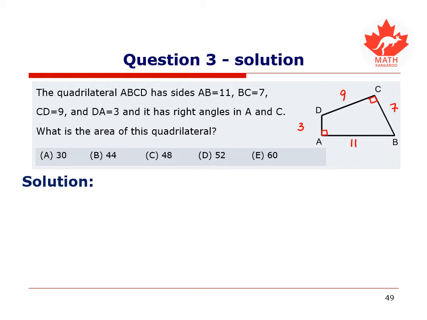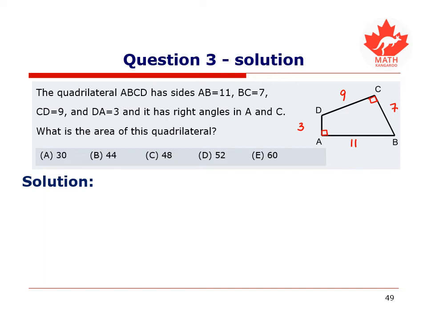Now, because our quadrilateral is an irregular polygon, we want to break it up then into familiar shapes so that we can work out its area. Let's try to take advantage of these 2 right angles.